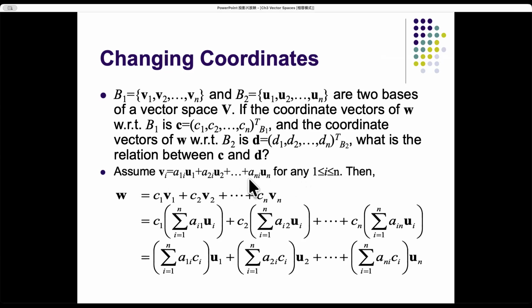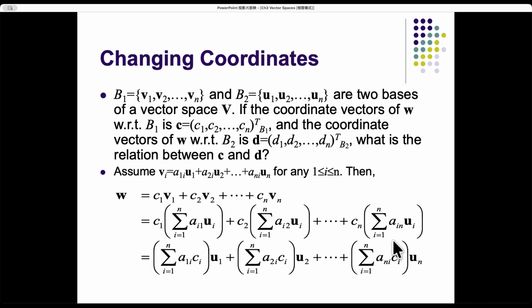Now consider W equal to C1 V1 plus C2 V2 plus and so on plus Cn Vn. This is the meaning of W having coordinates C1 to Cn with respect to B1. Because each Vi can be written as a linear combination of the Ui, we substitute V1, then V2, and so on.